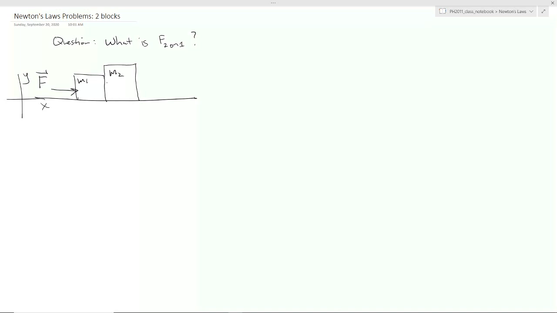So the force of M1 on M2, or we could also think about it as the force of M2 on M1. So let's start by making some free body diagrams for each of these blocks. For M1, we have the force that's applied to it, of course.